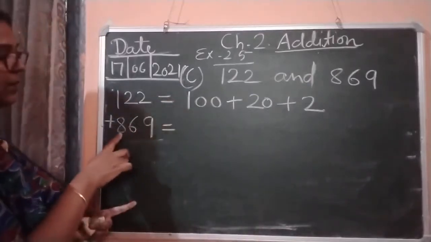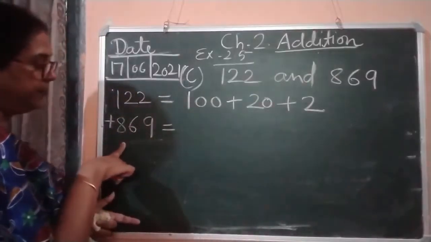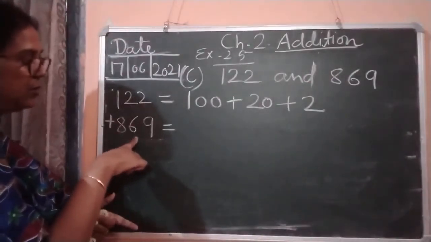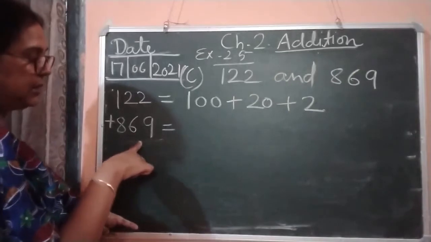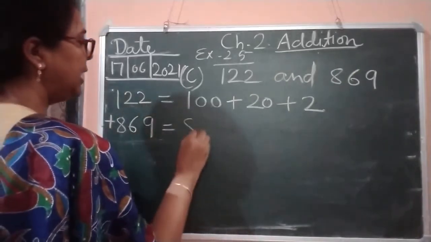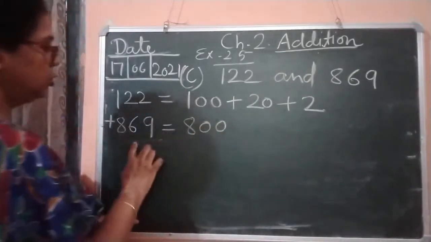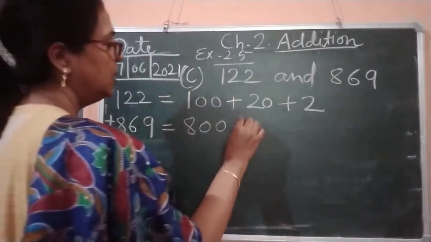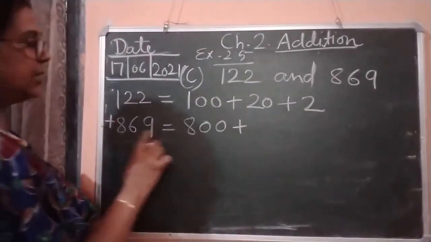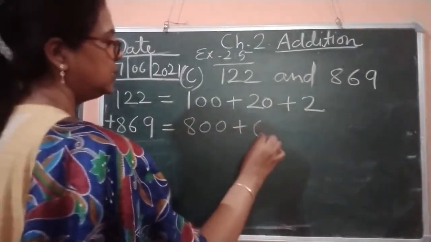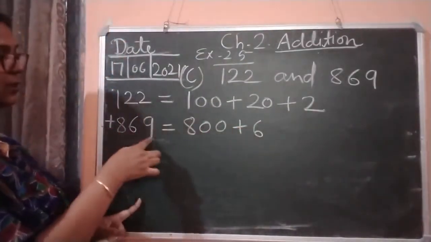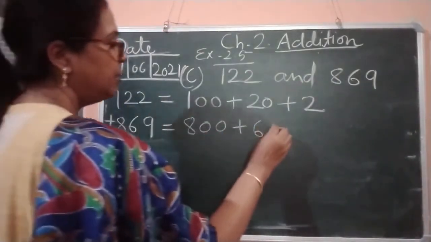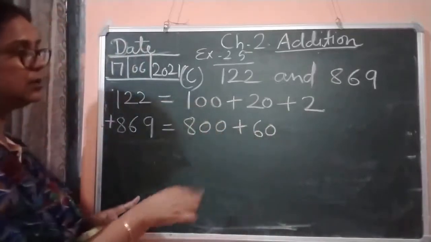In the next line you can see 869. Here you can see 8 at the hundreds column, and after 8 there are 2 numbers, 6 and 9. So we will write 800 first because 2 numbers are there, that is why we put 2 zeros. Now 6 is at the tens place, so 60, and after 6 there is one number, so we put only 1 zero.